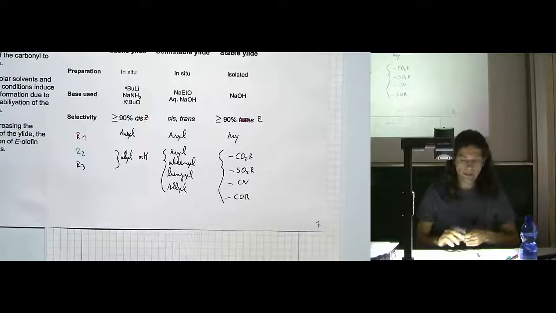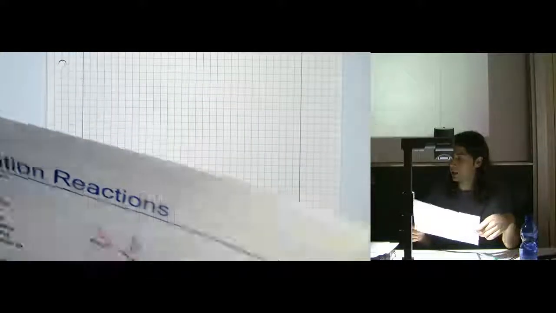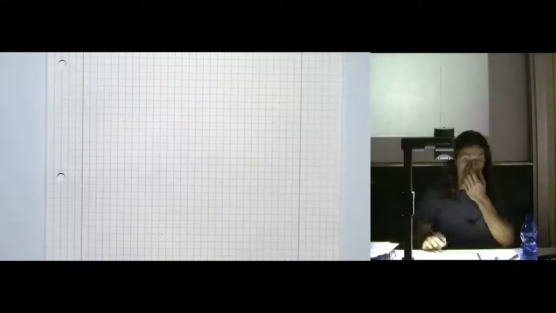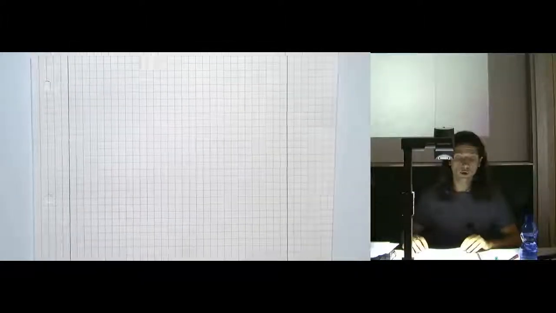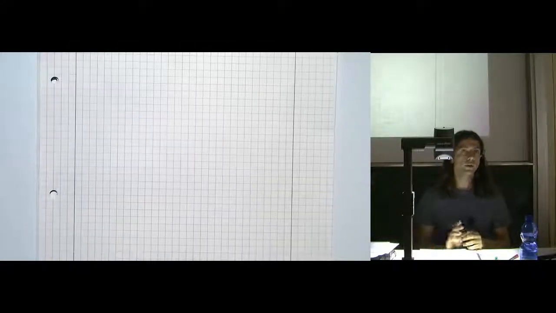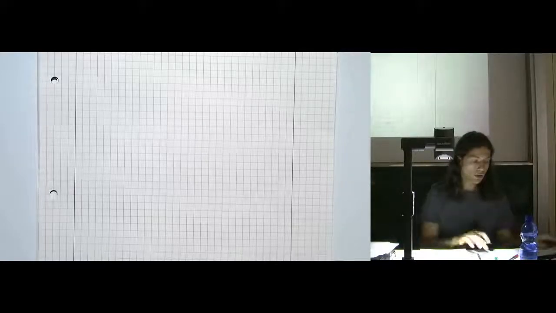Okay, so as an example of this reaction, this Wittig reaction is very important because, as probably you know, at least you should know, Georg Wittig was working here in this university and discovered this reaction in 1953 and got the Nobel Prize in 1979.